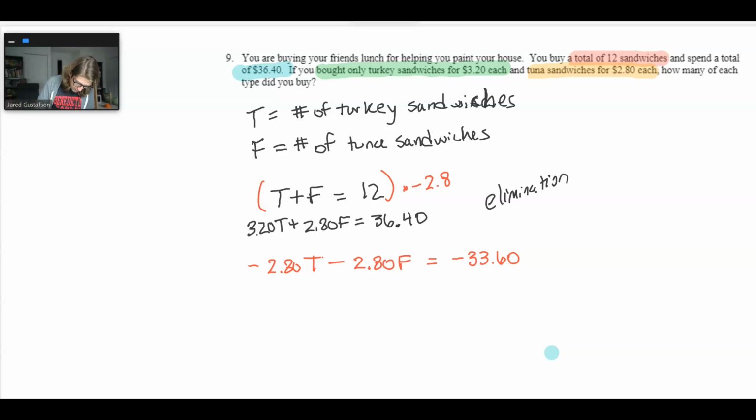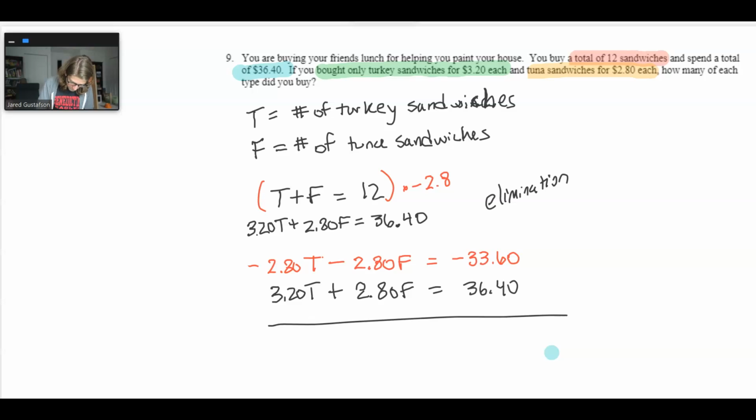We don't need to do anything to our other equation because we have opposites by just multiplying one of them. So we're ready to add, because if you look in front of F now, those are opposites.